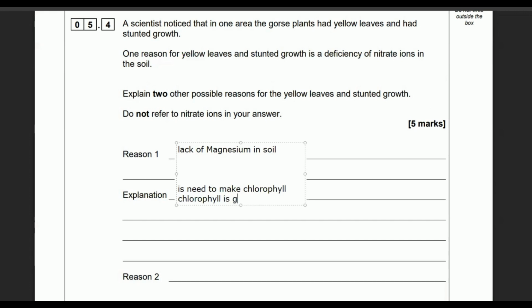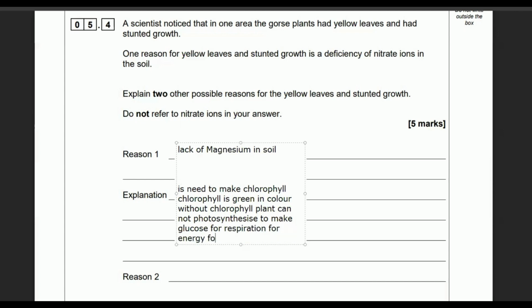Chlorophyll is green in color. Without chlorophyll, plant cannot photosynthesize to make glucose for respiration, for energy, for growth.